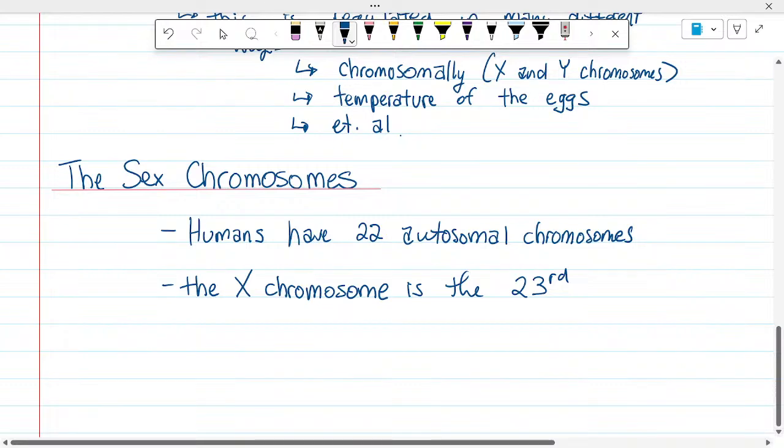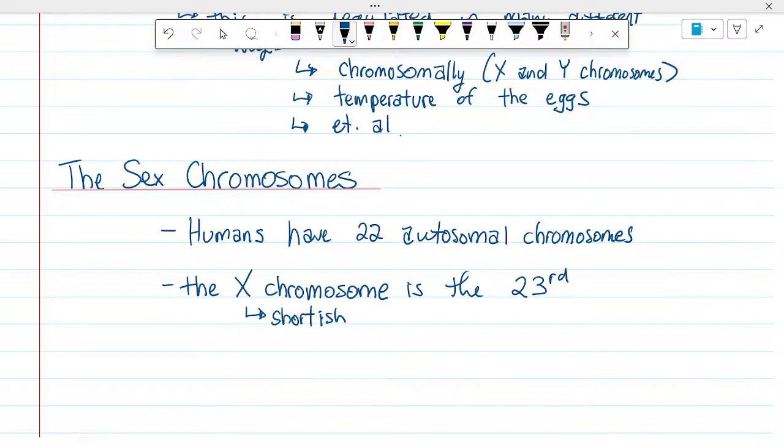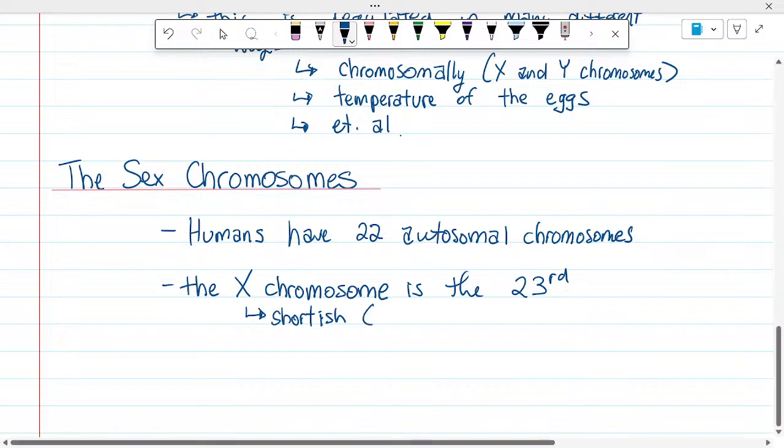Chromosome 23 is the X chromosome. And a few things to note about it. One is that it's short-ish. It's not one of our longer chromosomes. It has thousands of genes, as opposed to tens of thousands or hundreds of thousands. So it has thousands of genes, and most of these are unrelated to sex.